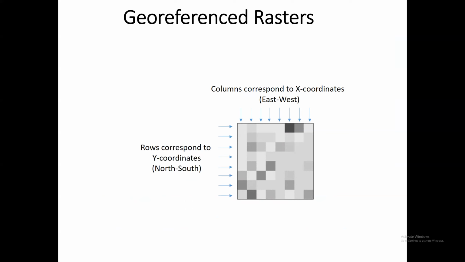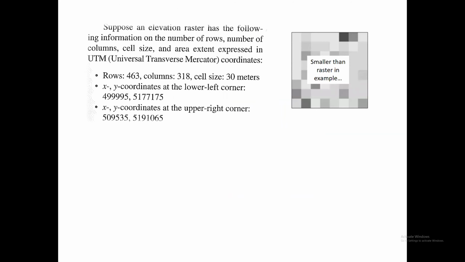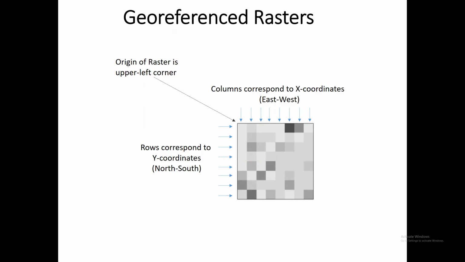Raster data, again, hopefully can be georeferenced, and basically the columns correspond to the x coordinates, so in an east-west direction, and then the rows correspond to y coordinates in a north-south direction. Usually the origin is in the upper left. Sorry, I jumped pretty quick through there. So the origin of the raster is in the upper left.